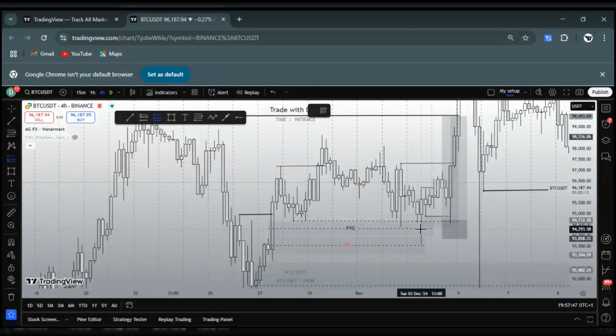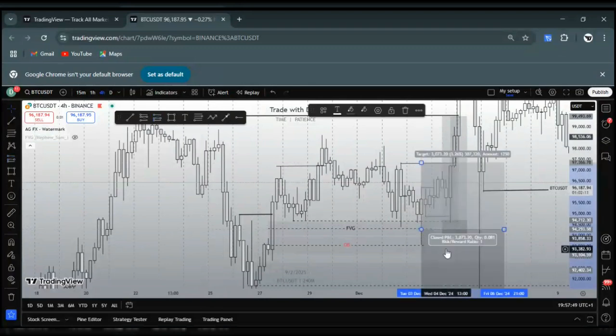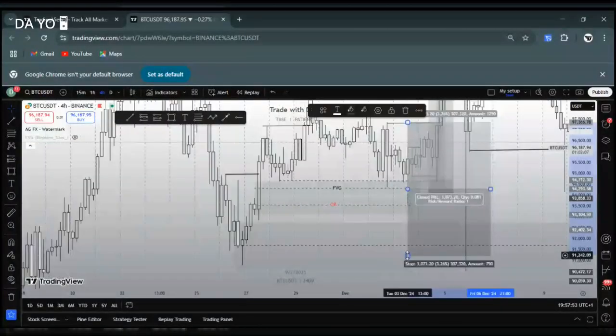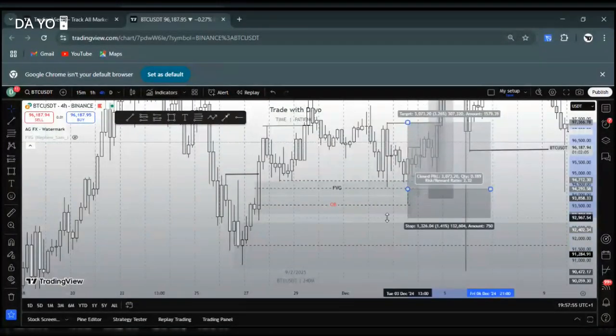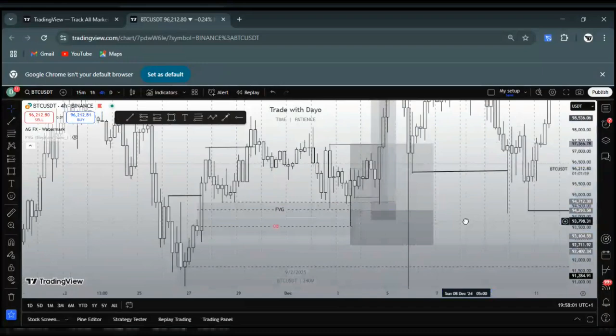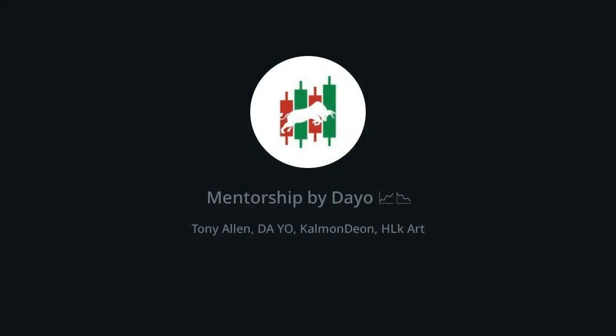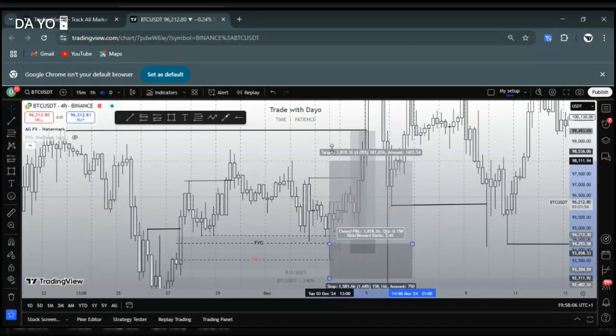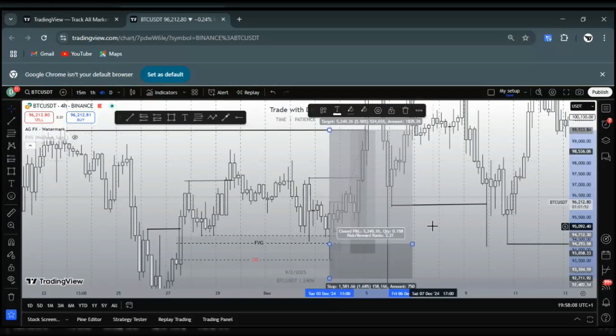So let's just take our trade from here, then put our SL here on our low. You can even extend it based on your strength, but you can leave it here. Then extend the target to the previous high, and you are good to go. 3RR is done.